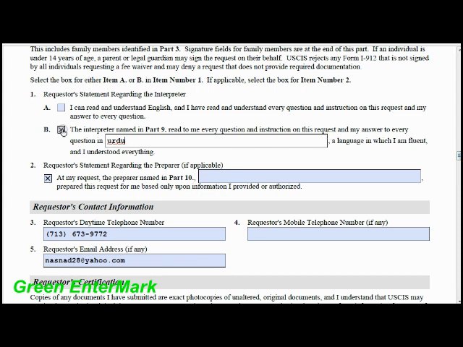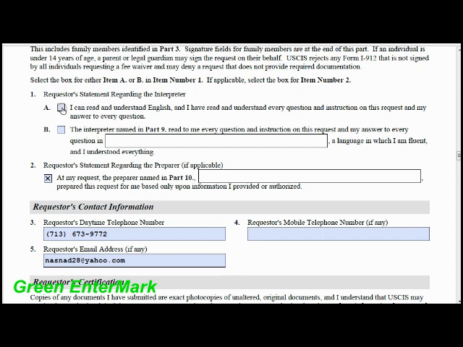Now if you understand all the form's language and know what answers you are giving, but you are getting help from another person to prepare it, you have to mention this in the question, naming the person who prepared this form and giving his name and other details in part 10.